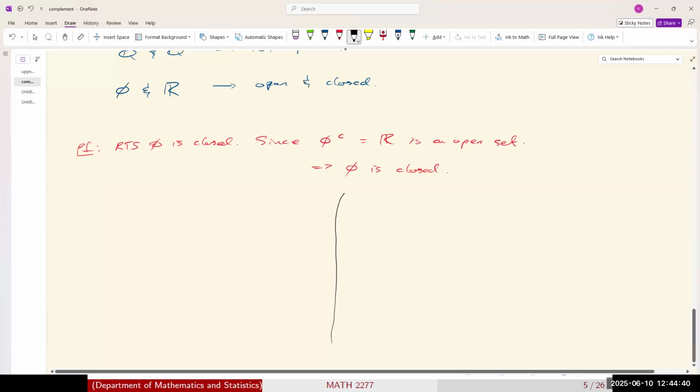For open sets, the arbitrary union, so any union, of open sets is open.